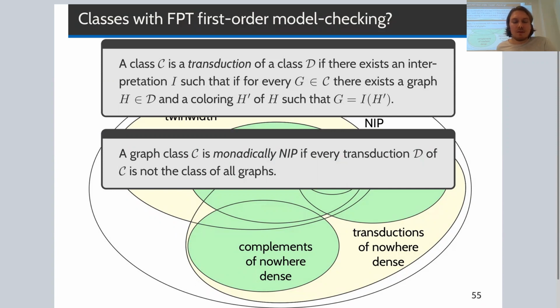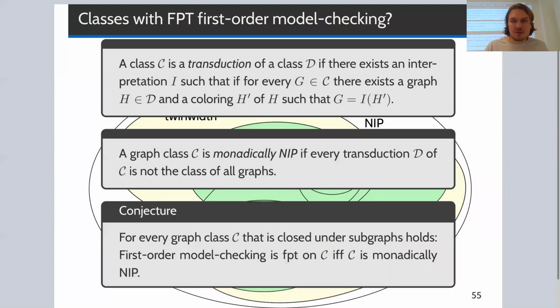So you try to forbid that the transductions of a graph class are very complicated. If you cannot transduce all graphs from a graph class, then we say it is monadically NIP. And it is conjectured that monadically NIP captures exactly those graph classes where first order model checking is tractable in FPT time.